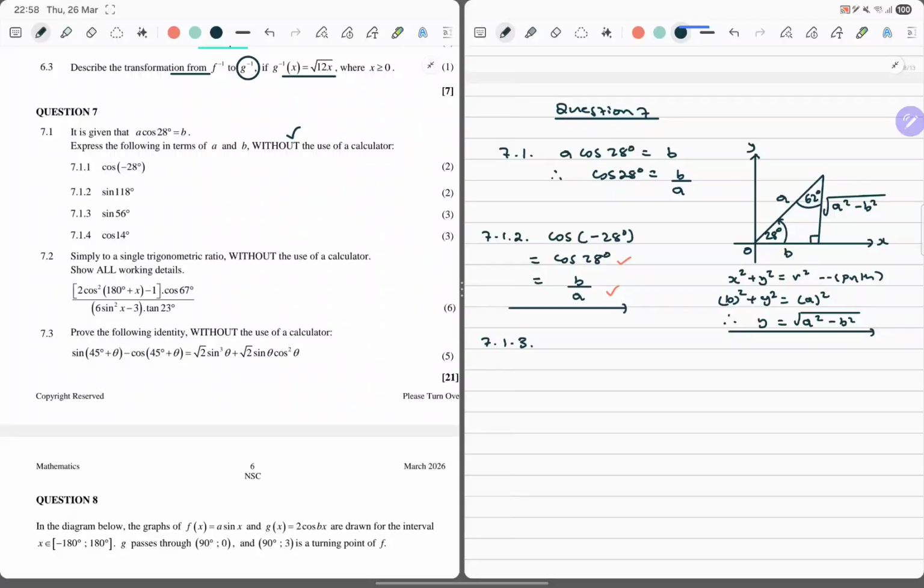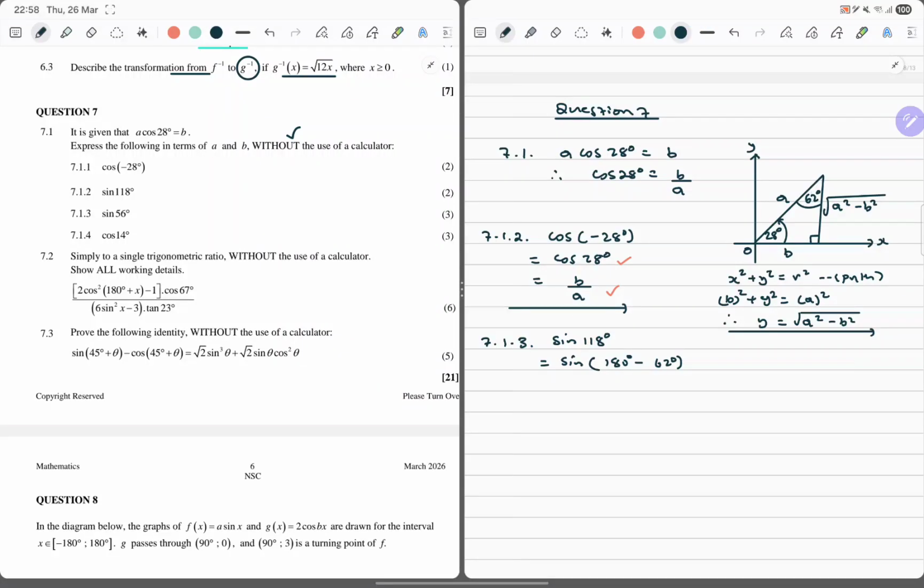7.1.3. We've got sine of 118. This is the same as sine of 180 degrees, I believe, minus 62. Right? 180 minus 62, yebo.